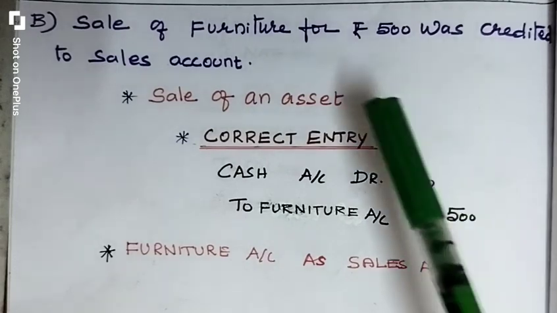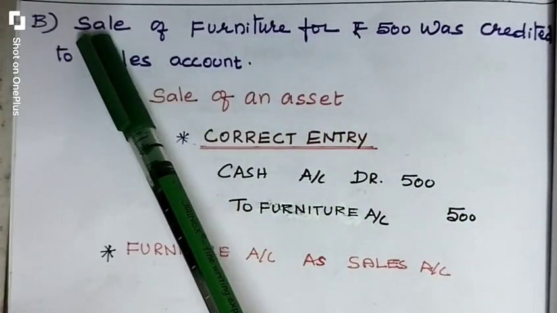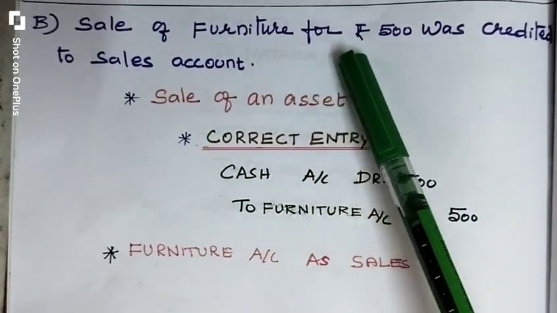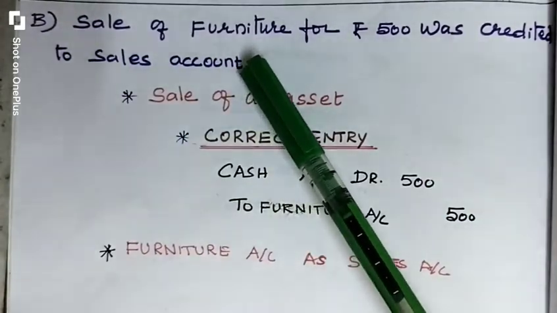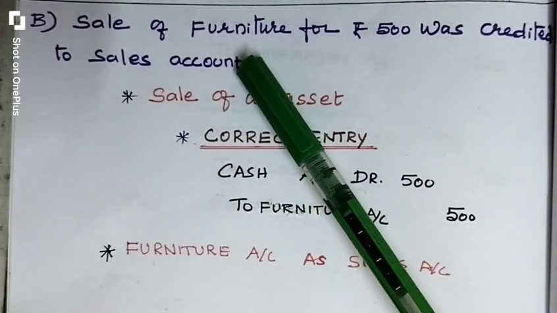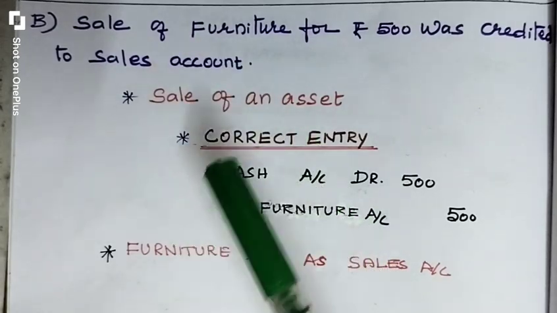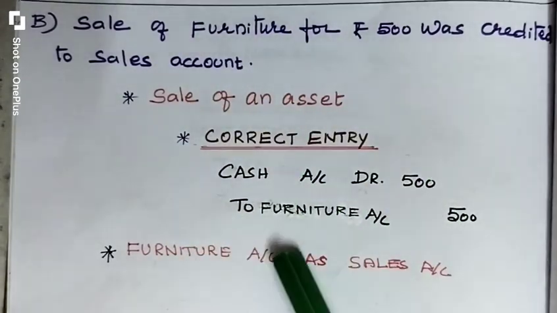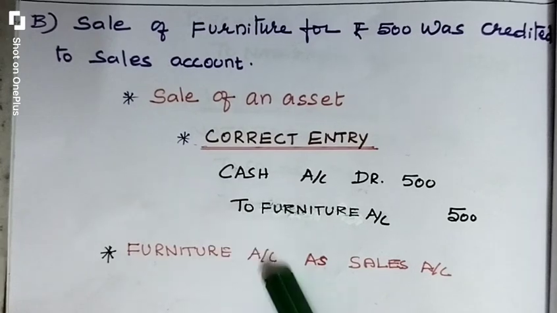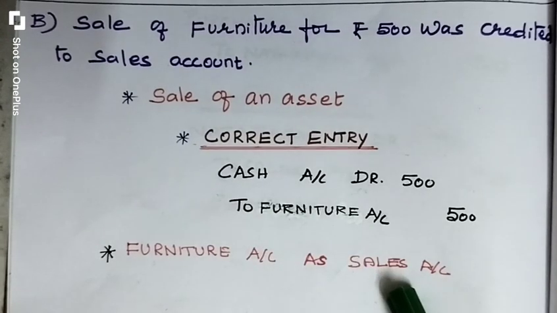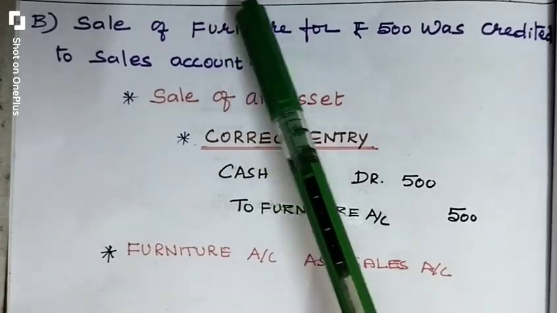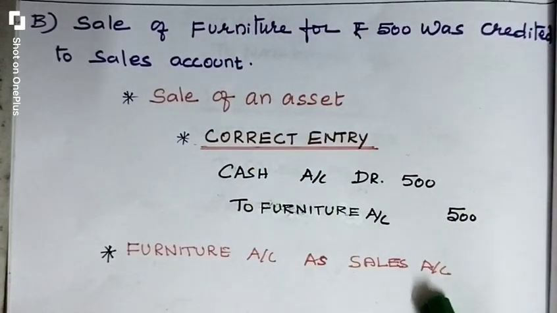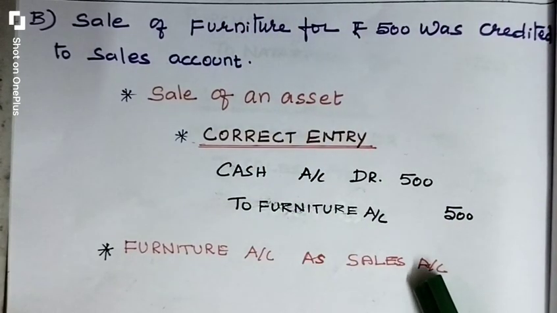Okay. Let's take: sale of furniture for rupees 500 was credited to sales account. Listen here, instead of the furniture account, an accountant wrongly entered into the sales account.